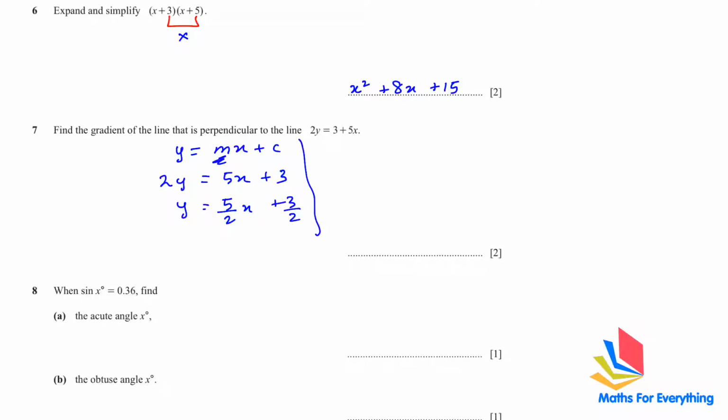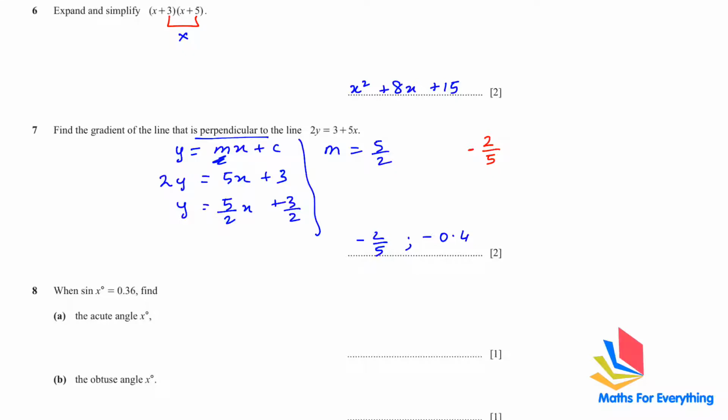M, the gradient, is 5 over 2. To find the perpendicular gradient, we always flip over our gradient. We had 5 over 2, we are going to write 2 over 5 and make it negative. So your answer is negative 2 over 5, or you can write it as a decimal, negative 0.4.